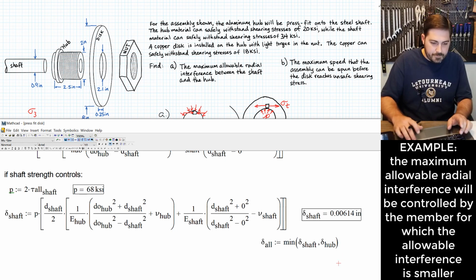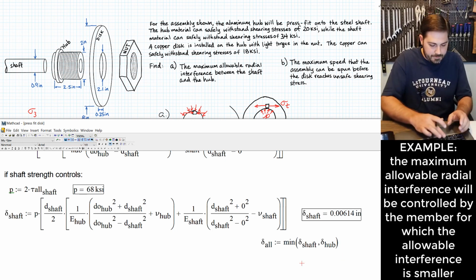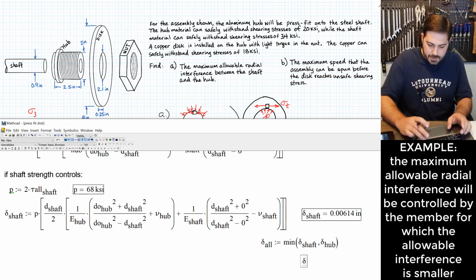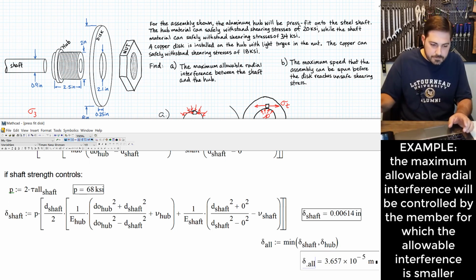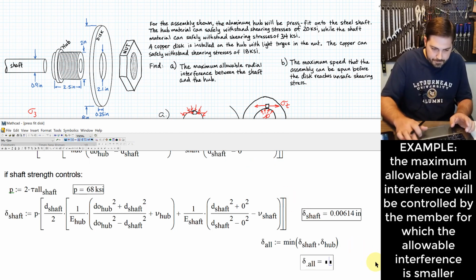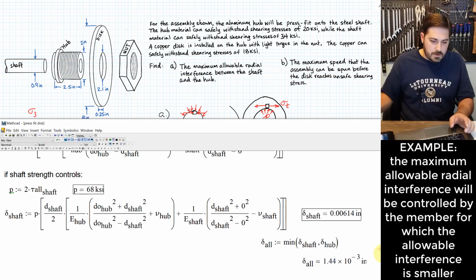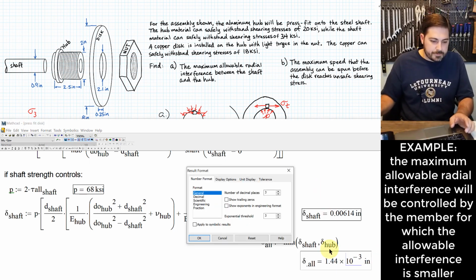Okay, and then what we end up with there overall for our allowable radial interference is just going to be the smaller of those two.